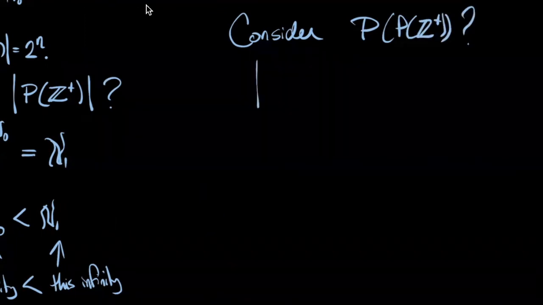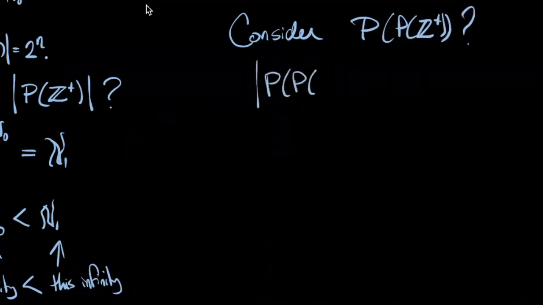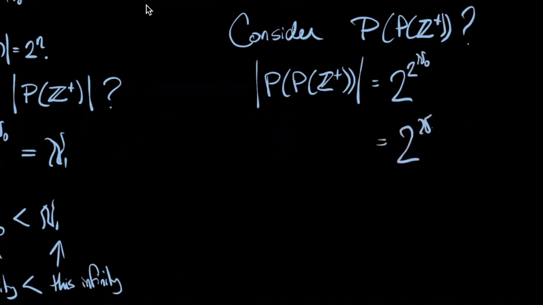The cardinality of that is going to be 2 to whatever the cardinality is of the power set of Z plus, which is 2 to the aleph naught. And that would be 2 to the aleph sub 1.